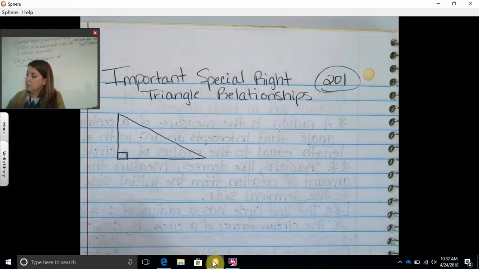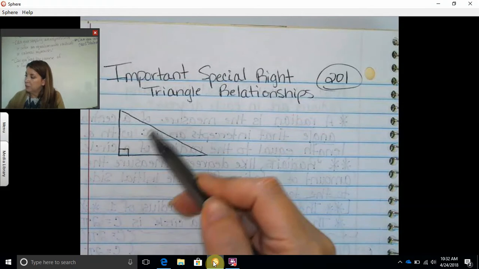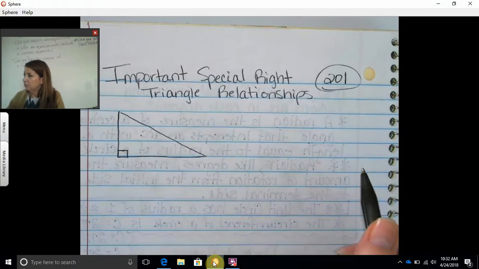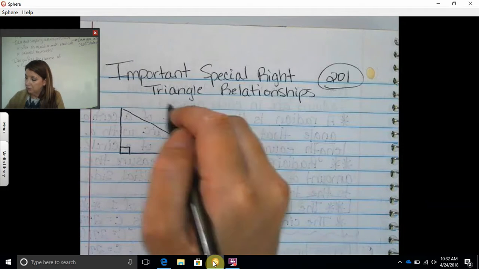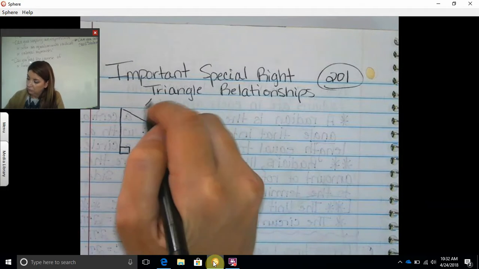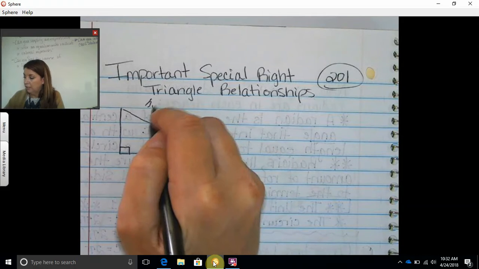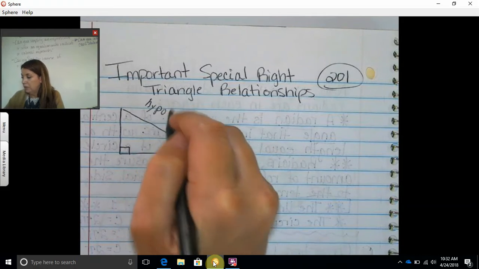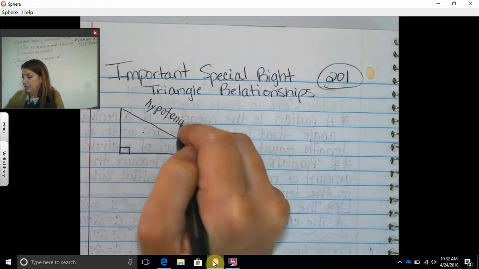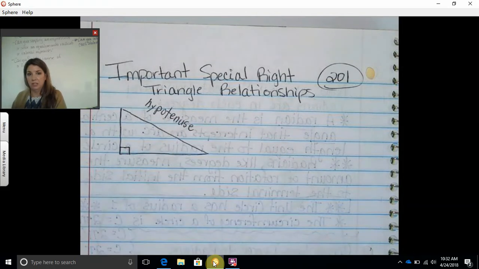Do you remember what the side directly across from the 90-degree angle is called? Hypotenuse. Y'all remember how to spell it? Hypotenuse. And you probably remember that the hypotenuse is the longest leg of a right triangle, right? Longest leg. Okay.